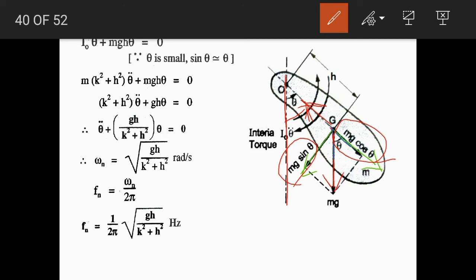So here, due to the tangential component mg sin theta, the system is subjected to a torque mg sin theta into h, and it is acting in the clockwise direction when viewed from the front.